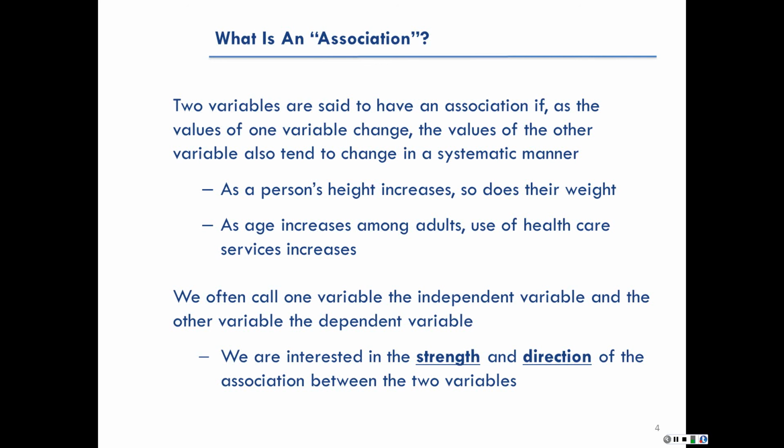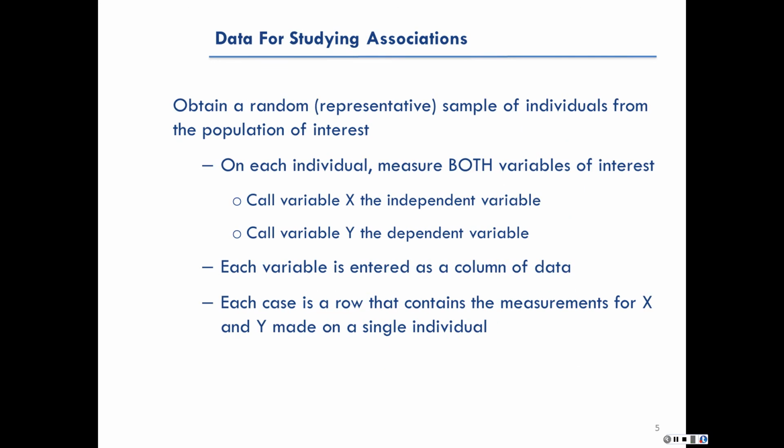Usually we call one variable the independent variable and the other variable the dependent variable. When it comes to associations, we're interested in both the strength and the direction of the association between the two variables. In order to get our data for studying associations, we obtain a random representative sample of individuals from our population of interest, and then on each individual we want to measure both variables of interest.